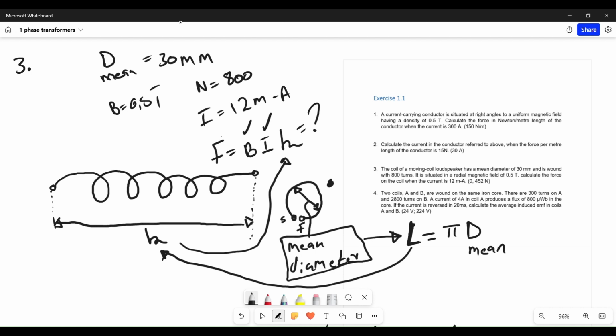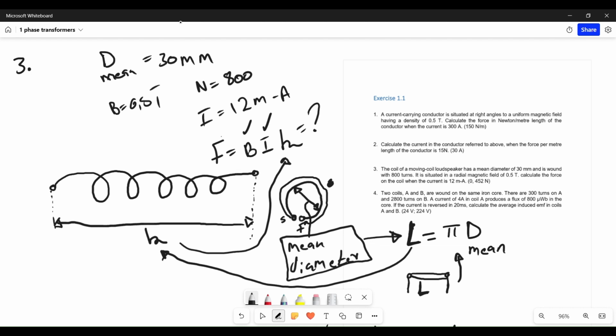So the length inside one turn, from here until the other side, if I take this turn and make it a straight wire, the length of that wire in one turn is L. This is the L that you see in this equation.